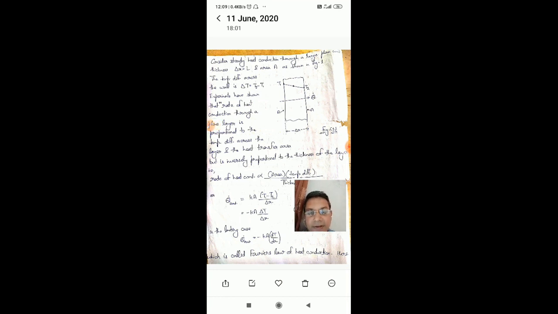It represents that heat is transferred in the negative direction, from higher to the lower one, and this equation is also called Fourier's law of heat conduction. Here I just want to add that this equation is experimentally verified and theoretically no such proof is present.